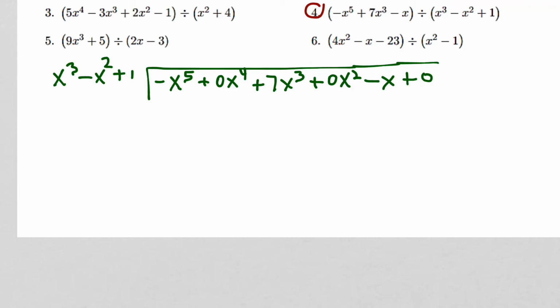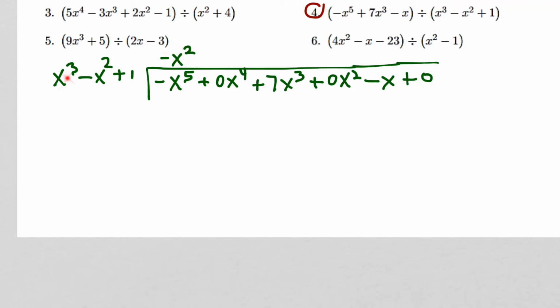All right, so I'm looking at this and I want to make sure I'm not missing any of my powers. 5, 4, 3, 2, 1, and constant. In case you need those columns, make sure you set it up like that. All right, so now we want to ask ourselves, what do I need to multiply x cubed by to get negative x to the 5th? So that would be negative x squared.